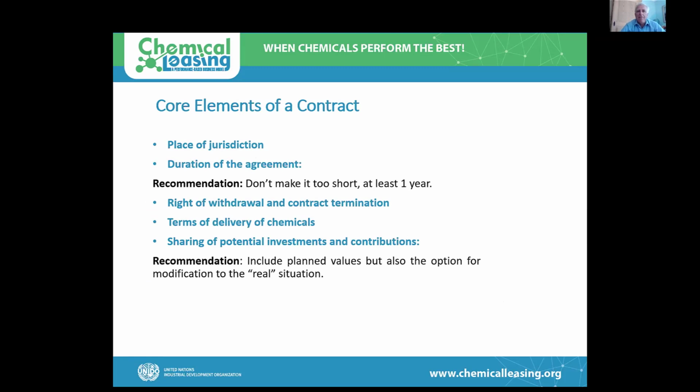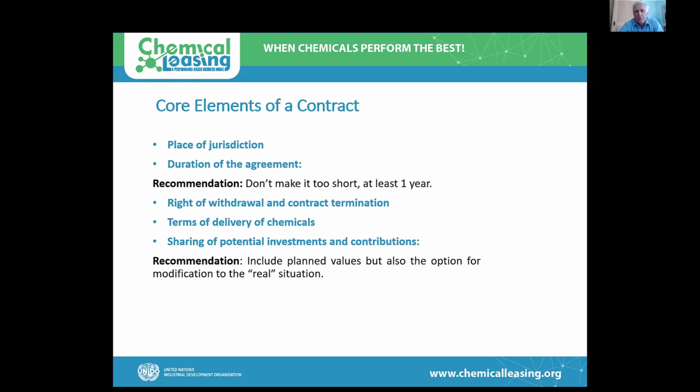Other typical elements of a contract are place of jurisdiction. I don't go into detail here. Duration of the agreement. This is important. Chemical leasing is not working if you want to have a contract just for a few weeks. Chemical leasing is based on a longer type of collaboration.